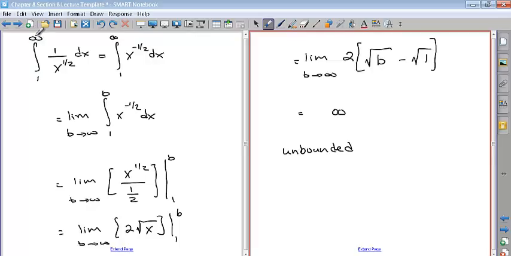So when this was 2, it was bounded. When it was 1/2, it was unbounded. So there's some point where it goes from being bounded to unbounded for this coefficient.